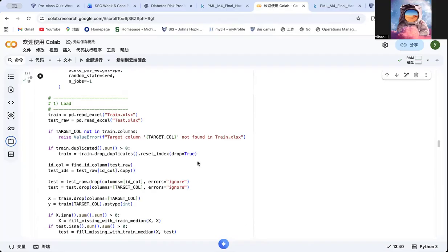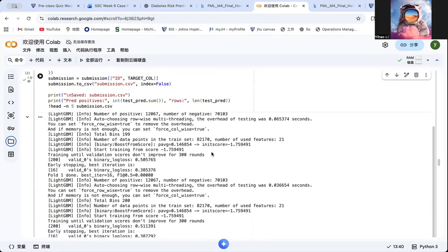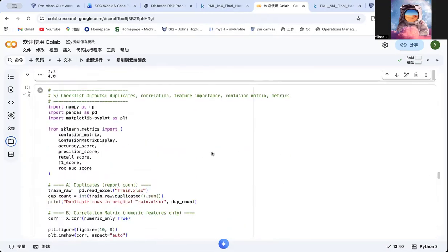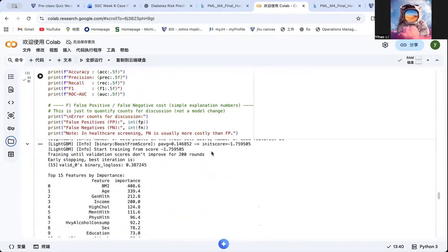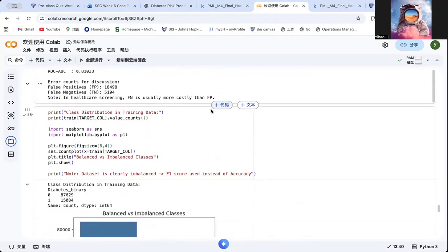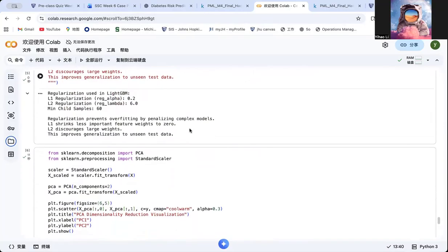to unseen data. Next we talk about the correlation matrix. After cleaning the dataset, we examined the correlation matrix among the numerical features. This allows us to understand how strongly different health indicators are related to each other.